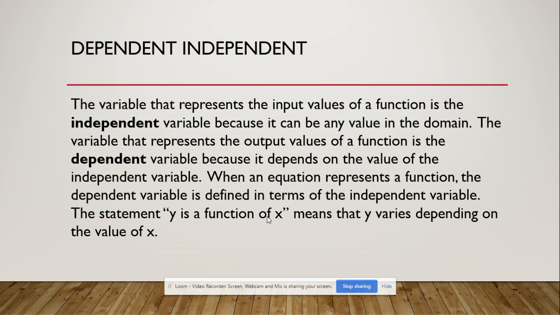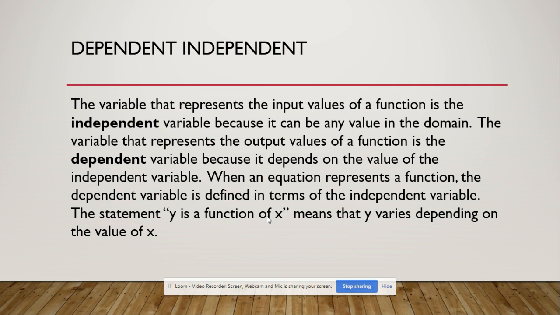Their income is dependent upon their hours worked. Now, when an equation represents a function, the dependent variable is defined in terms of the independent variable. And we'll look at more what that means when we write an equation. But if you remember from the video on solving formulas and rewriting formulas, we talked about how you solve for one variable and then it's in terms of the other.